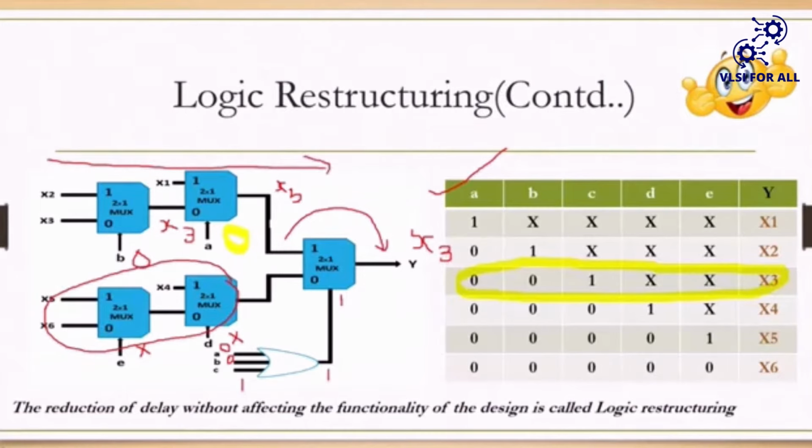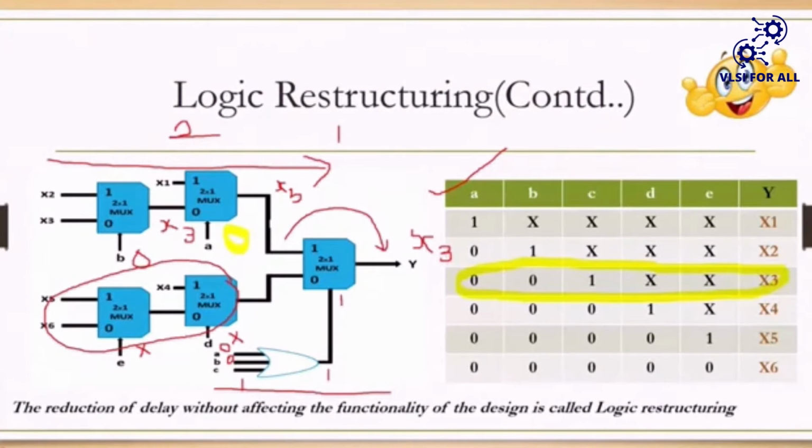Now let us speak about delay. How much delay does it have? See, parallel paths are going on. So till here it is 2 nanoseconds. And let's assume the OR gate is also 1 nanosecond. Then parallel is going on. This is 1 nanosecond.